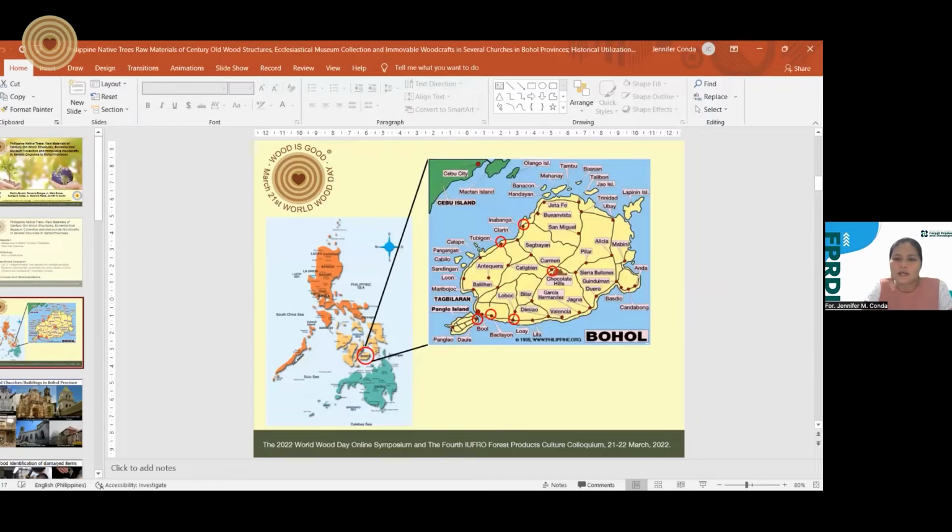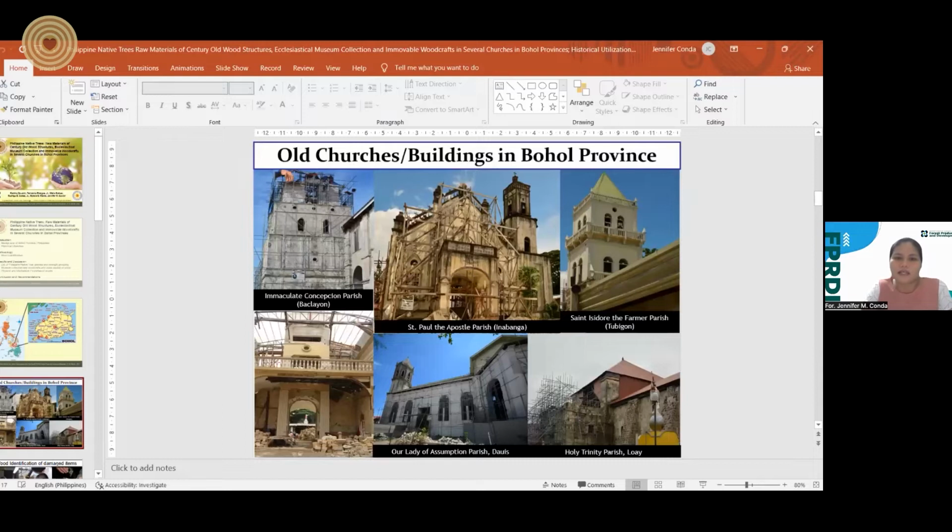So this is the map of the Bohol region in the Philippines, wherein you see highlighted with red circles the project areas where we can see the different churches in Bohol. And these are the images.